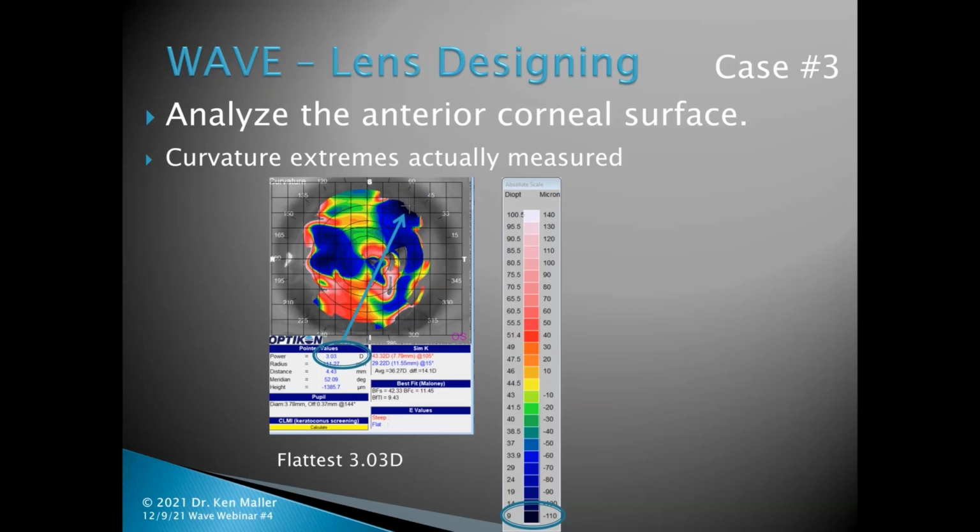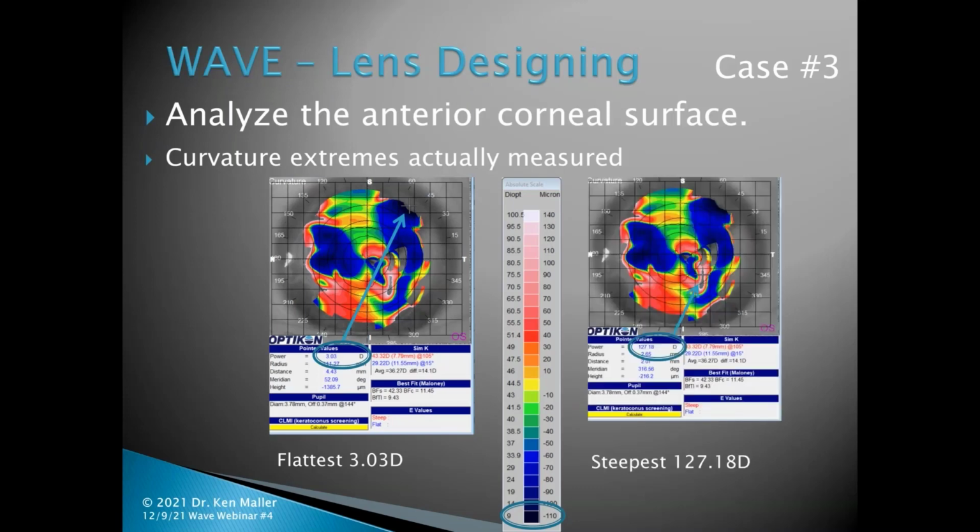If we take a look at the steep, once again, you can see the same type of thing happened. I have a curvature of 127 diopters in that blanked out, teardrop shaped area, and once again there's no color to represent it, so it was turning white, representing the 100 diopters of curvature.